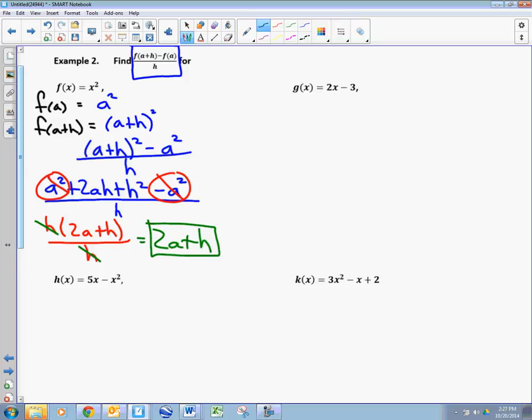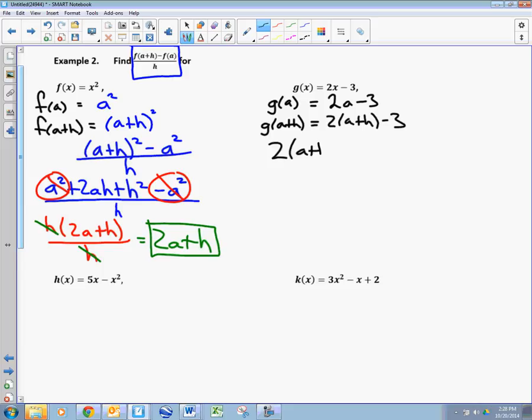So we try this one, g of a. We're going to do the same thing, except instead of f, we're going to have a g. What's g of a? 2a minus 3. G of a plus h is 2 times a plus h minus 3. What you need to be careful of when you set this up is that last subtraction sign; we go to distribute that, and we're careful with it.